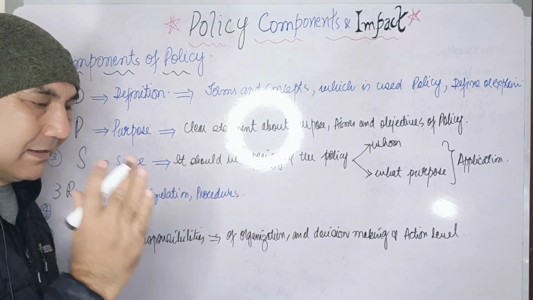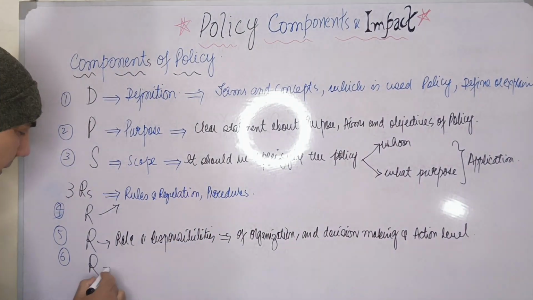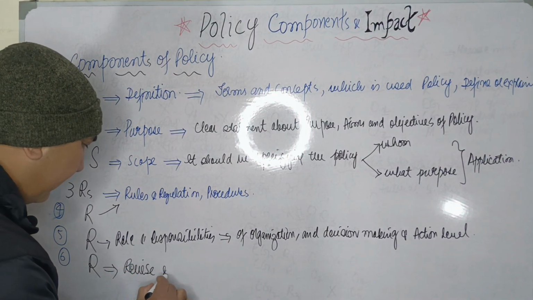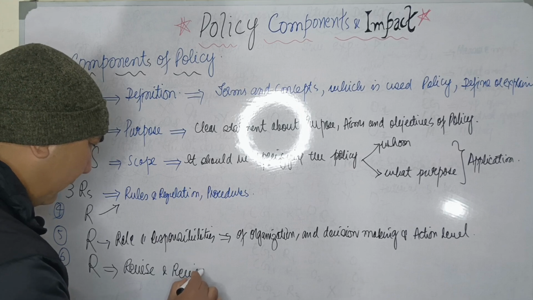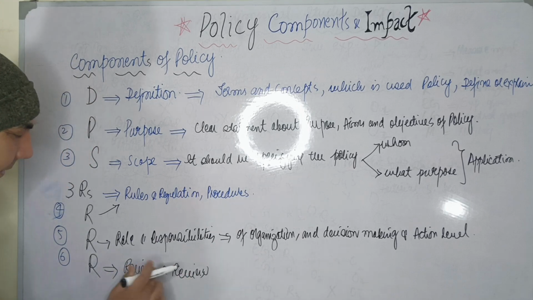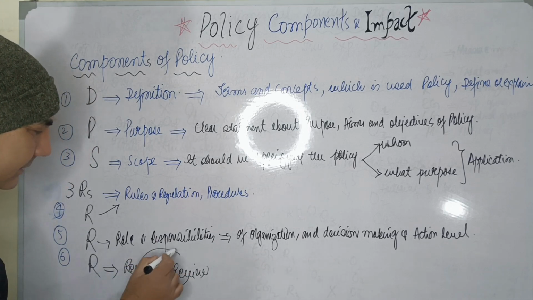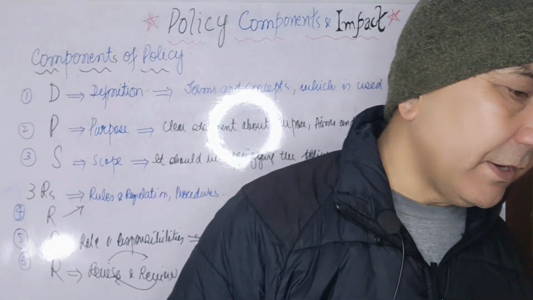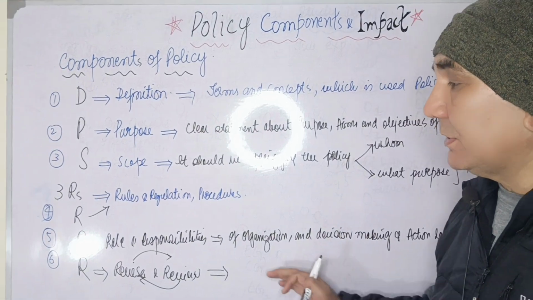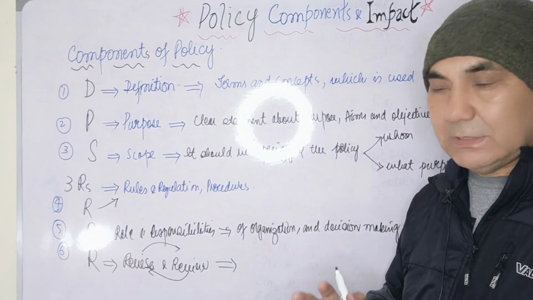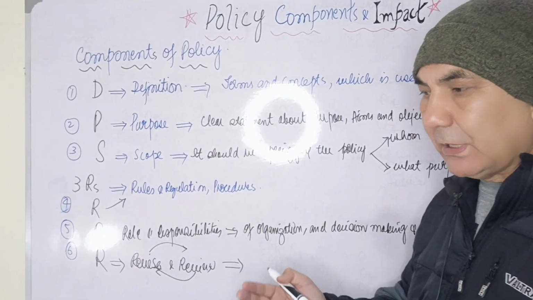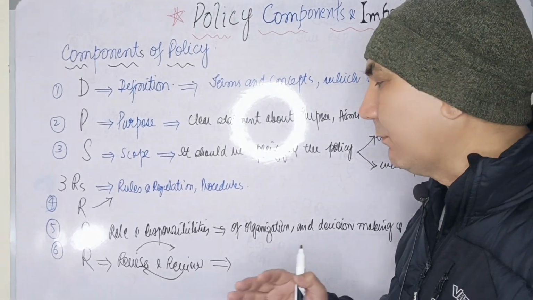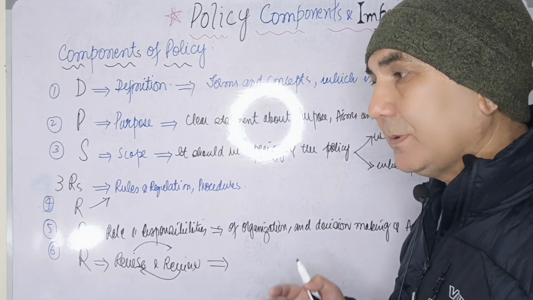And the last one is revise and review. First you review, and second you revise. As you know very well, whenever you implement the policy, circumstances or conditions may change or a disaster may occur, and then you can change or revise your policy as per need.